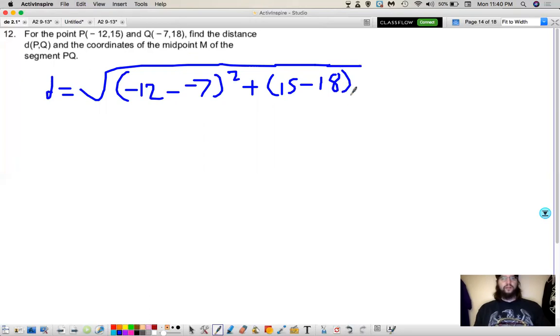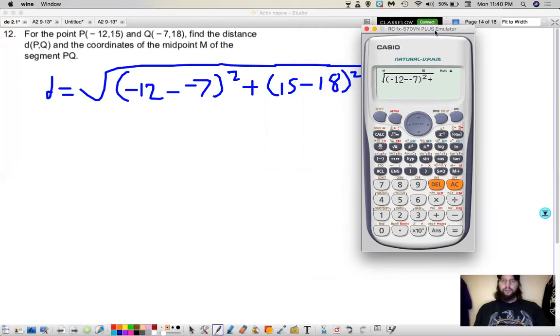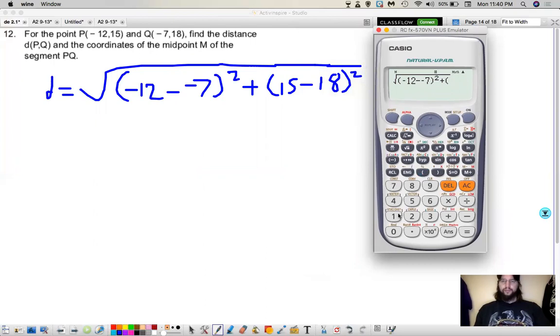Just write it out, then type it. That gives me square root of 34.